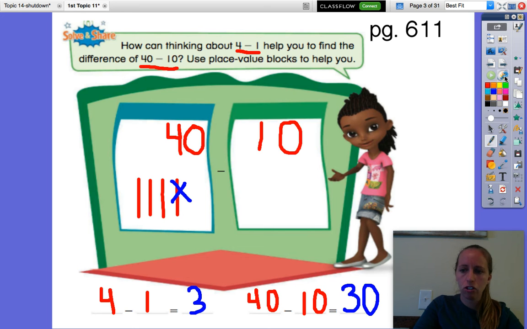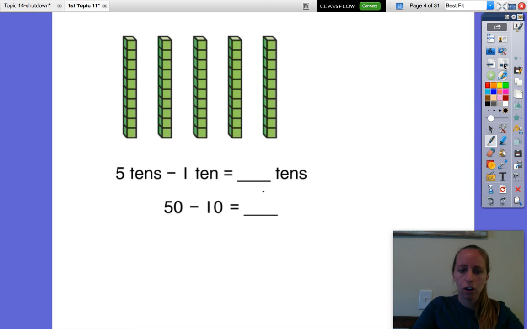All right, let's try another one together. Okay, here I'm trying to solve 50 minus 10. So in order to draw 50, we can draw 5 tens rods. Here we have 1, 2, 3, 4, 5 tens rods. I need to take away 1 ten rod, because 1 ten is equal to 10.